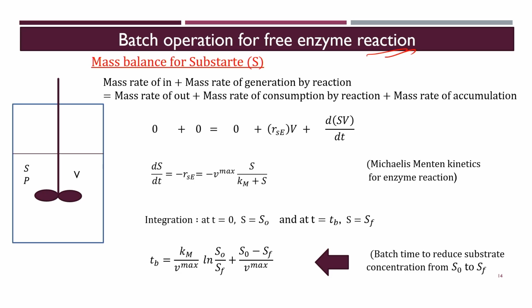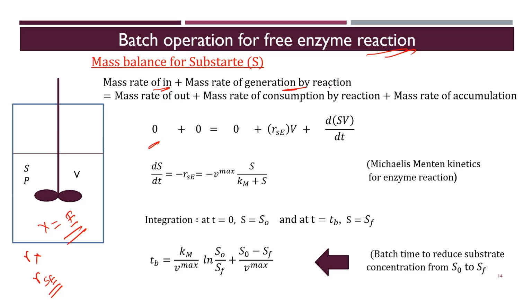So, what we are replacing here is the biomass, which is now replaced with the enzyme. So, the kinetics will change. Earlier we had Rx, now it will be RSE, since we are now using the enzyme kinetics. Again, what is the mass balance of substrate in the batch culture? No inlet, 0.